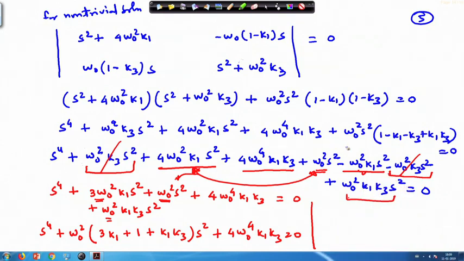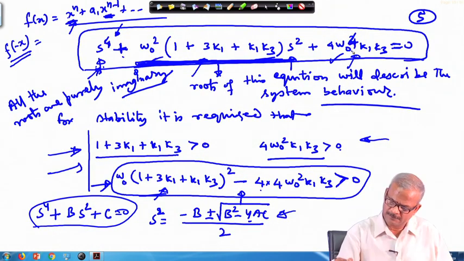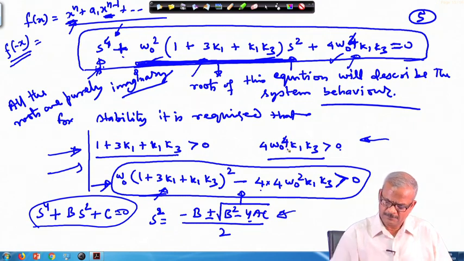Here we have 4 omega 0 to the power 4 k 1 k 3. So this 4 we have missed, instead we have written 2. So this is your 4. Here this should be 4, and here also this should appear as 4.